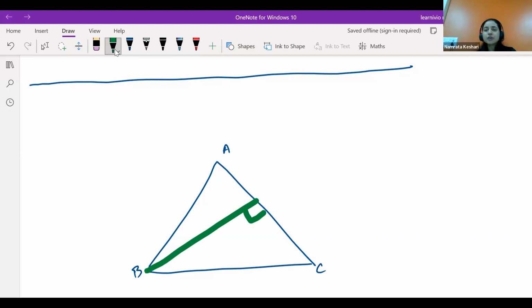What is the formula for the area of the triangle? One-half base times height. Perfect. Can you tell me which side is the base over here and which side is the height?